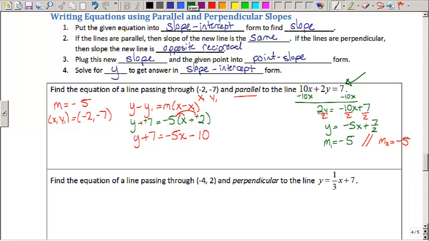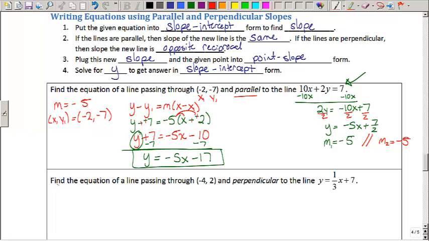And to solve for y, I'm trying to get y all by itself, I'd like to subtract 7 from both sides to get my final equation of y equals -5x minus 17. This equation is going to be parallel to the line 10x plus 2y equals 7, and it's also going to contain the point (-2, -7).